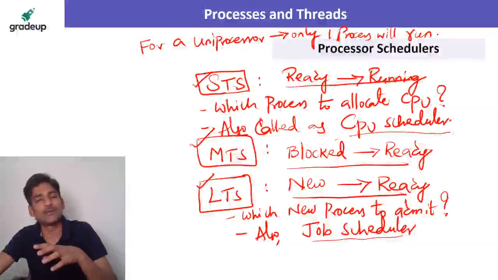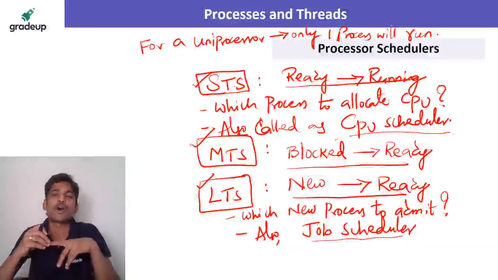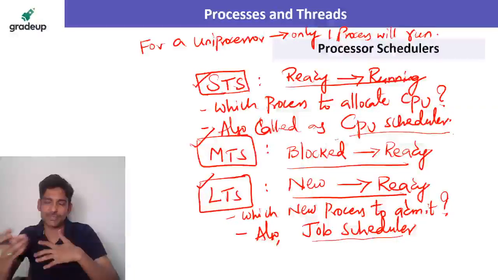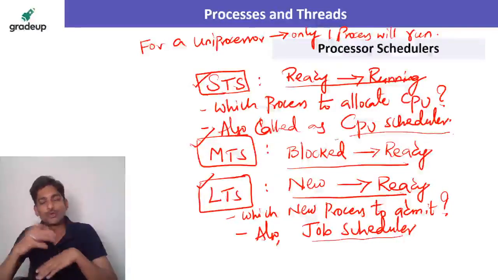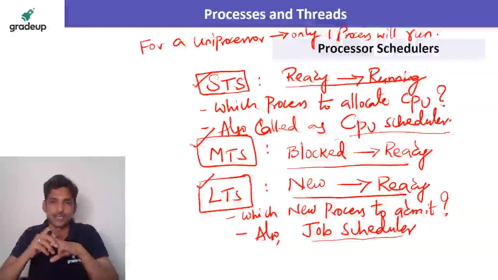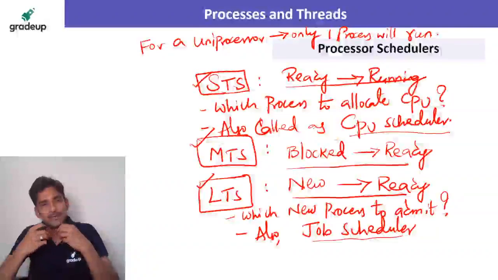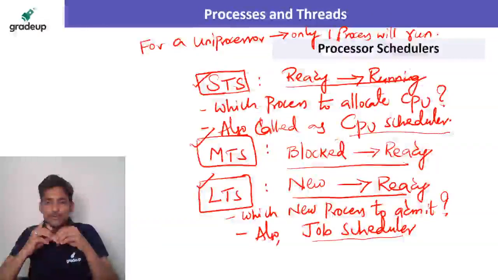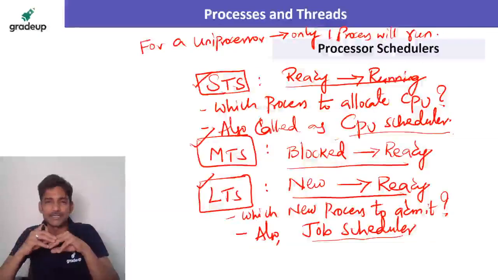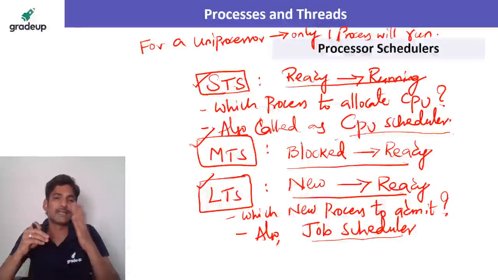So when there is only one process, there is no need of order. Even if you take multiprocessor also, every core will have its own scheduler, its own scheduler logic. So even for a multiprocessor, for its core only one process is there. So there is no need of ordering from running to blocked.